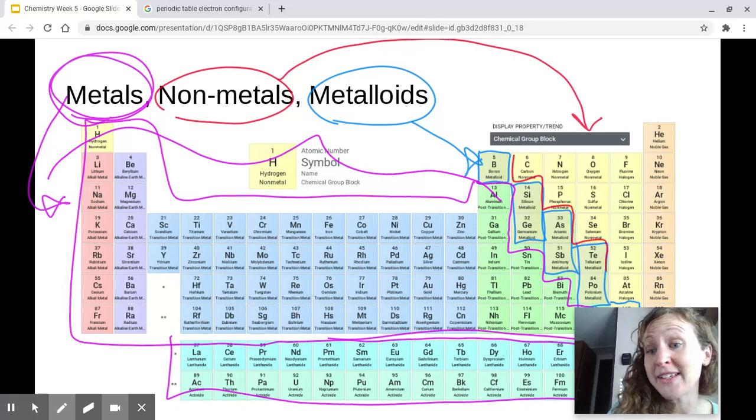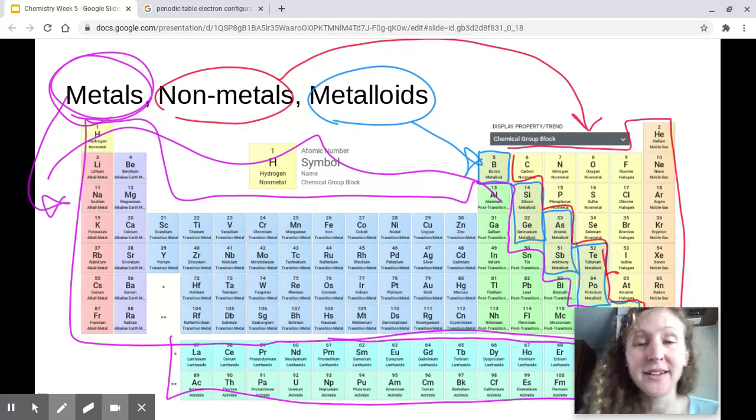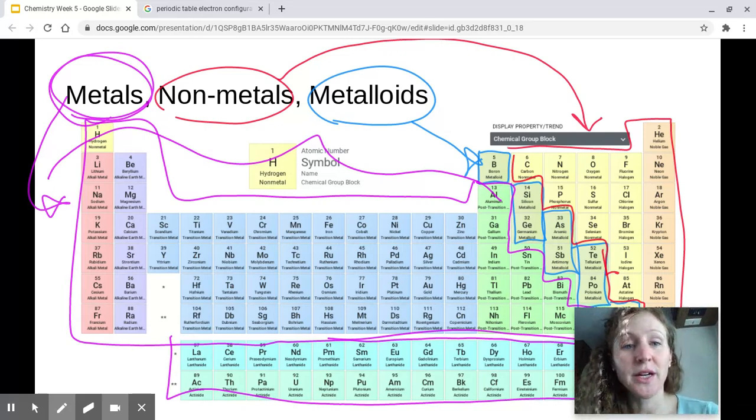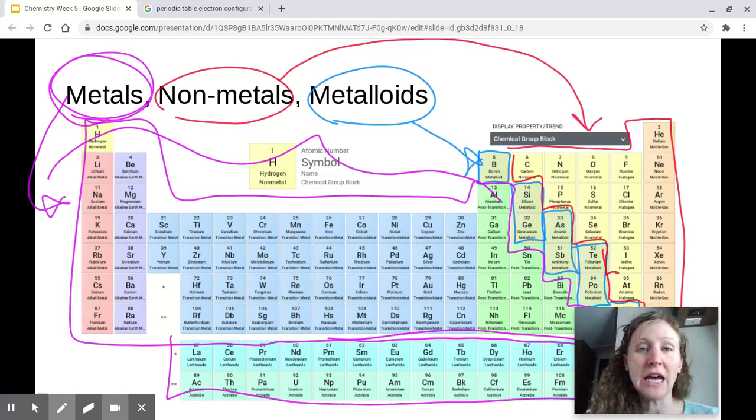So the vast majority of the periodic table is what? The vast majority of the periodic table are metals. Almost all of the elements on the periodic table are metals. There's a few metalloids, very few, and then there's a significant handful of nonmetals, but the rest of them are all metals. Now, what is the difference between metals, nonmetals, and metalloids?